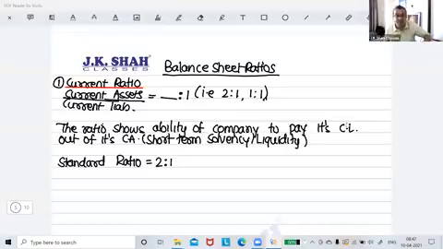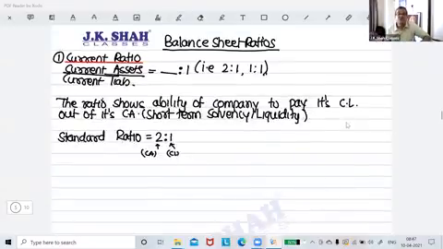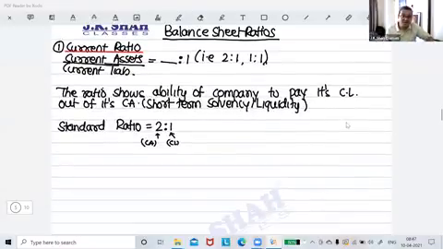What exactly do we mean? If the standard ratio is 2 is to 1, it means for 2 rupees of current asset, 1 rupee of current liability. 2 is the numerator, so this 2 is for current asset, and this 1 is for current liability. So what does this precisely mean?